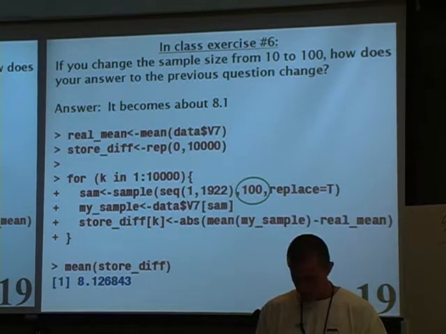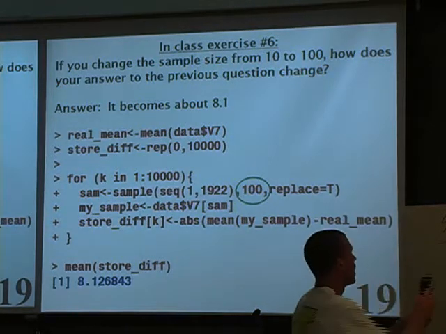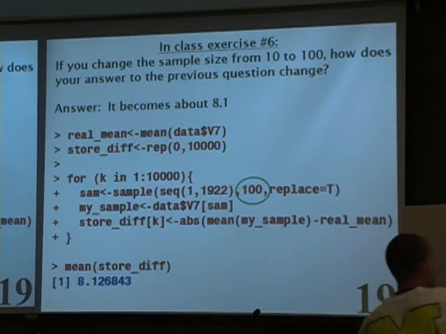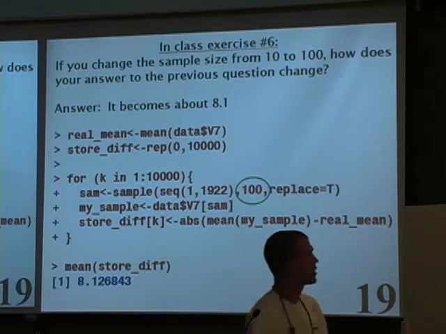But the thing to talk about now is the relationship between the sampling error, which here we saw went from 26 to 8 as I increased the sample size from 10 to 100. And that actually illustrates the point I'm going to make.